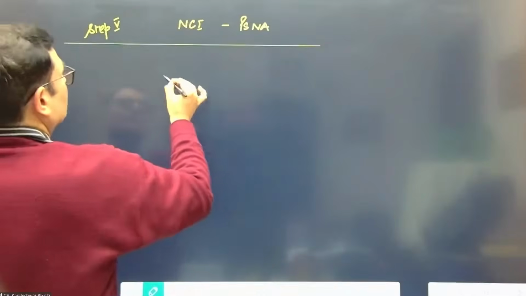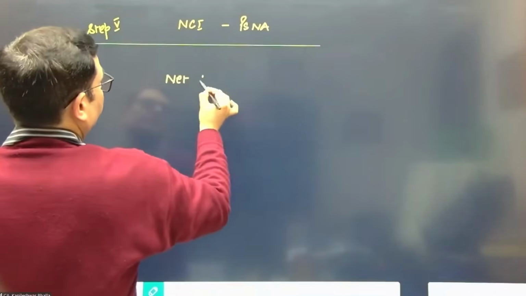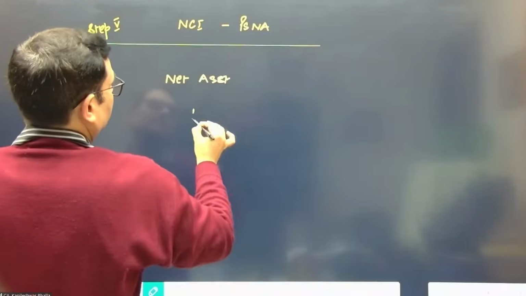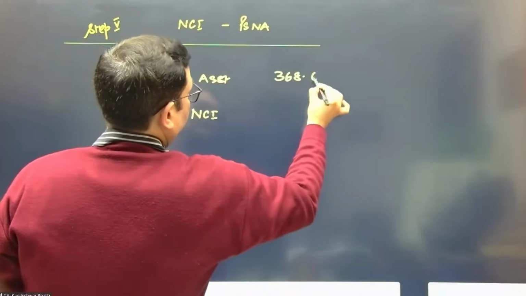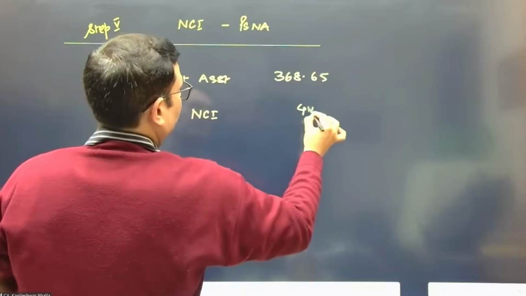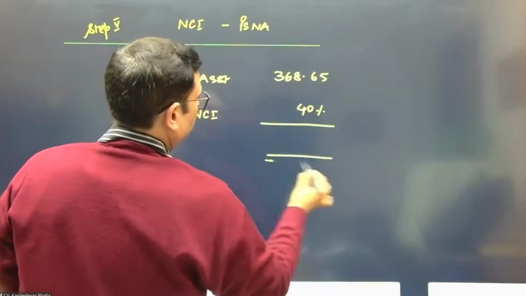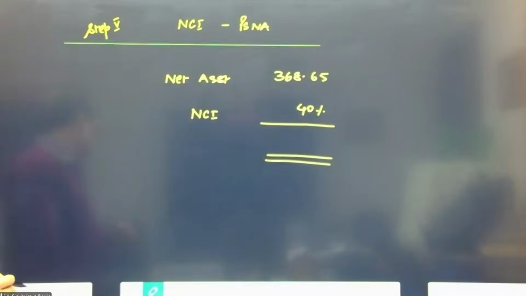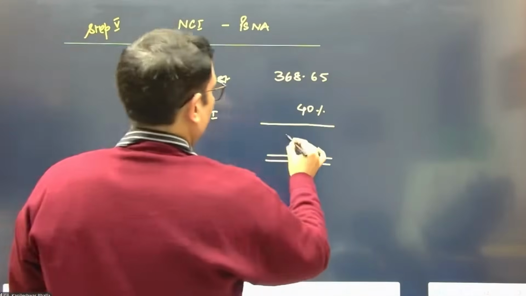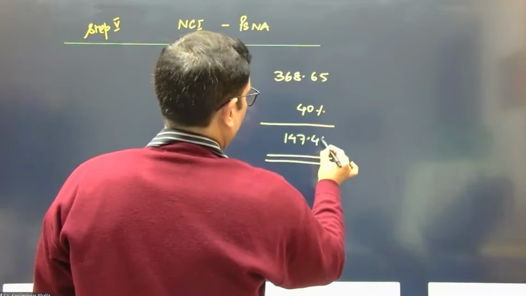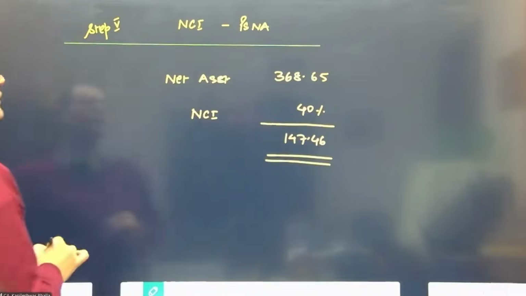So tell me, what was the net assets in step 3B? 368.65. NCI has got a 40% stake. So I think we can conveniently get the NCI in this case. 147.46. 147.46 crores. Okay.